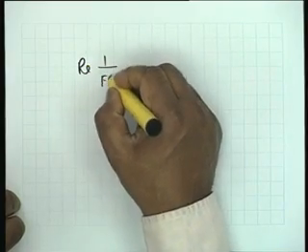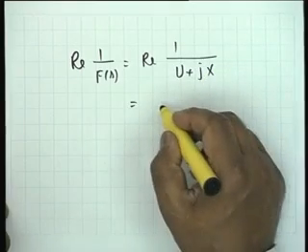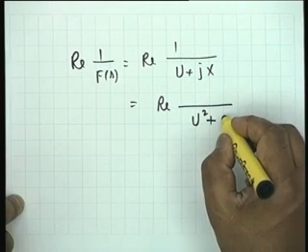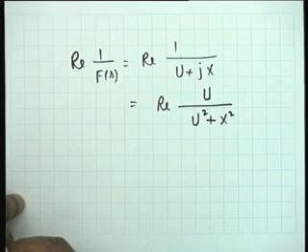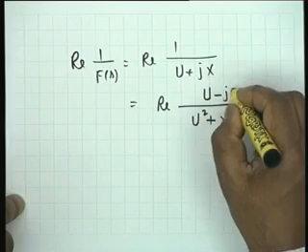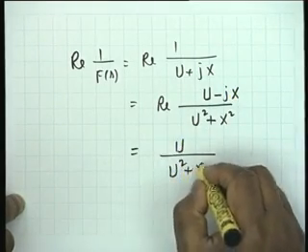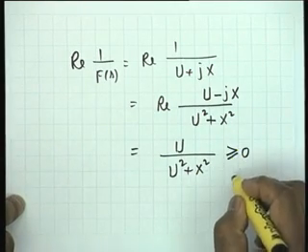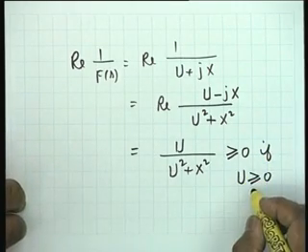So, what is the real part of 1 over f of S? It is the real part of 1 over u plus jx, which is equal to the real part of u minus jx over u squared plus x squared. This is equal to u divided by u squared plus x squared. Obviously this is non-negative if u is non-negative. When is u non-negative?